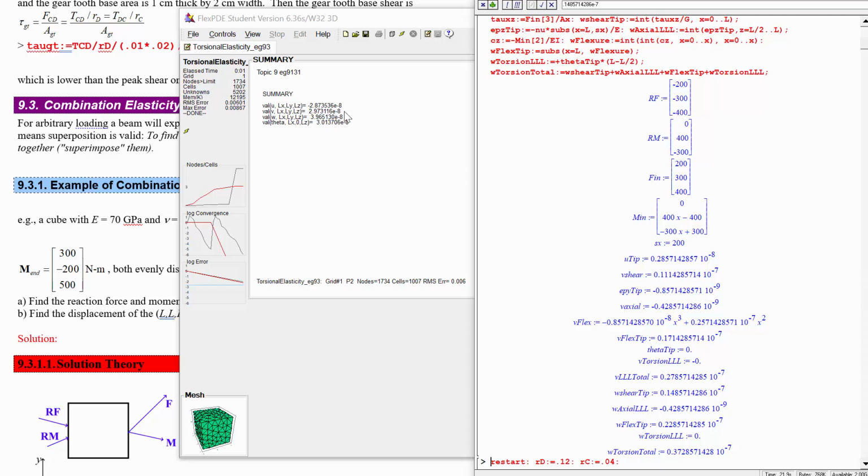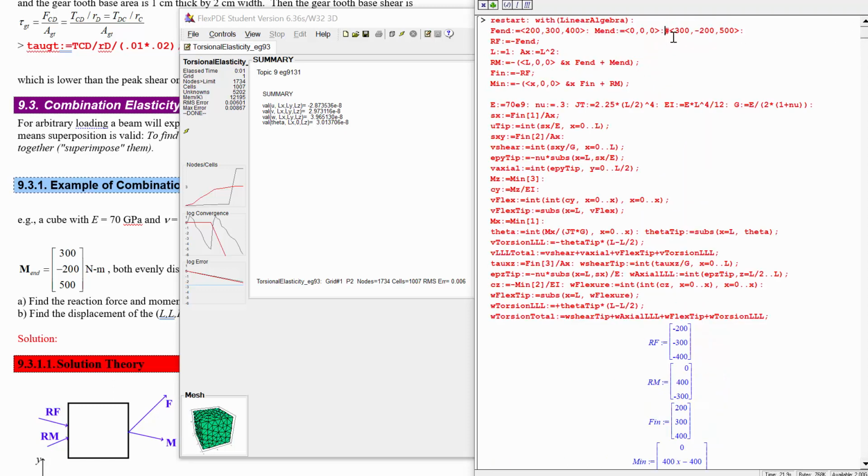So V total we calculate in Flex as about 3e minus 8, and in Maple we found about 3e minus 8. And for the W, we said about 4e minus 8, and we have about 4e minus 8. Not so bad. So this seems like it's working, at least when we don't have any of this moment applied at the end.